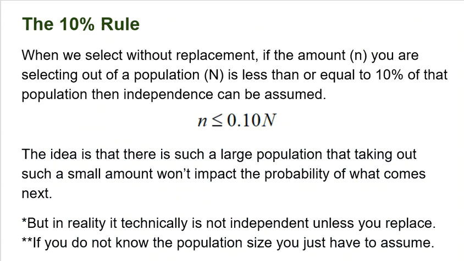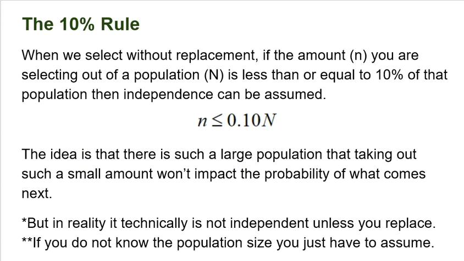Now, it's important that we understand that there's actually an explanation for this. It's actually called the 10% rule. The 10% rule says this: when we select without replacement, right, we're not putting that first marble back, if the amount that you select out of the population is less than or equal to 10% of that population, then independence can be assumed. Meaning it's just not that big of a deal.